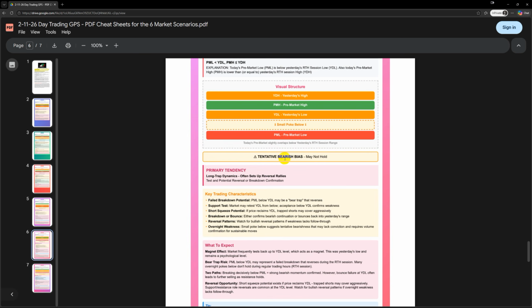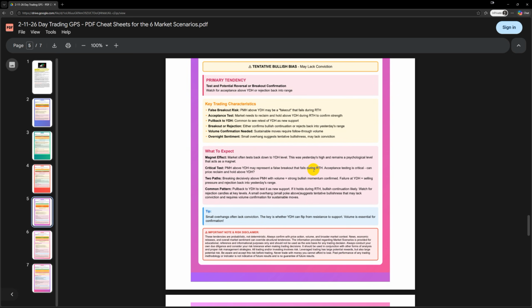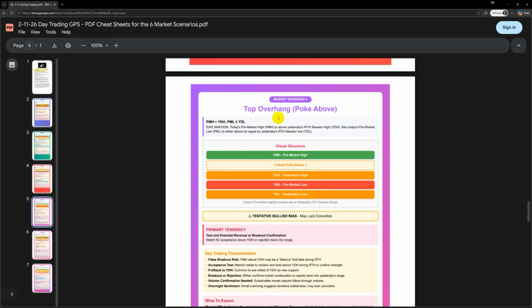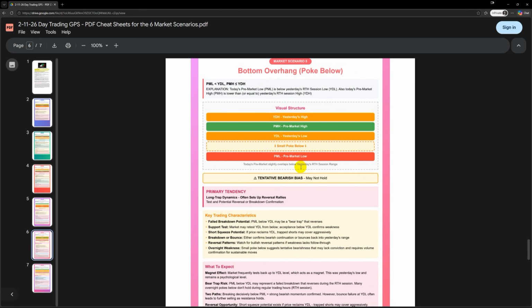Also, as an example, you'll have a tentative bearish bias giving you an additional kind of warning here. Tentative bearish bias may not hold is the general characteristic here. And on top overhang poke above, tentative bullish bias. So these are good to study on your off time.